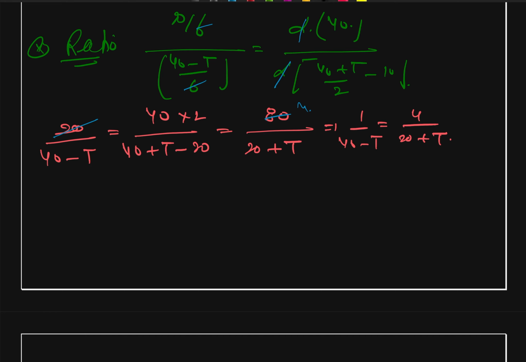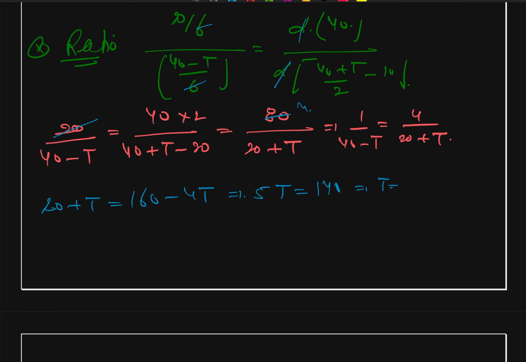We cross multiply it, we get this as 20 plus T is equal to, we get this as 160 minus 40, and making it left right, we get this as 5T is equal to 40 minus T and this will be 160 minus 20, that is our 140.